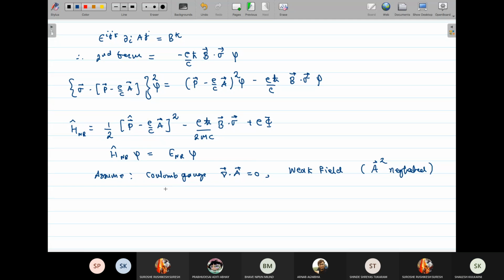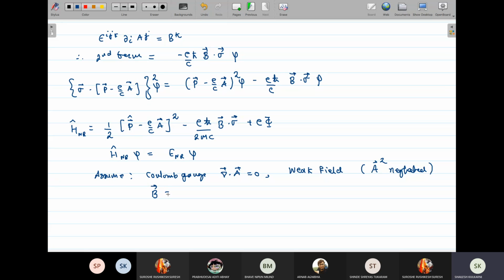So now I want to simplify this relation. Let us assume the form of A which satisfies this Coulomb gauge.